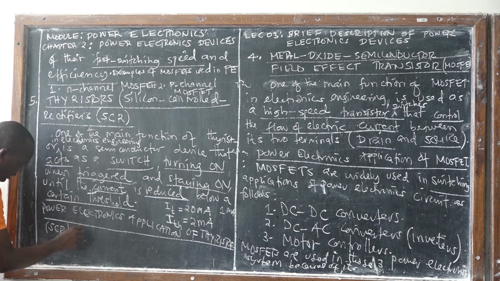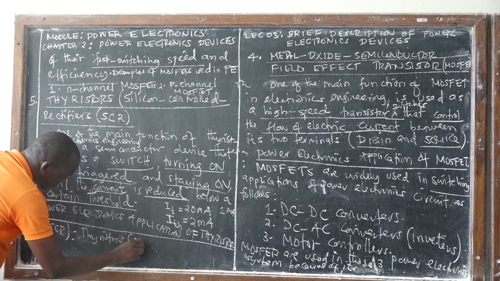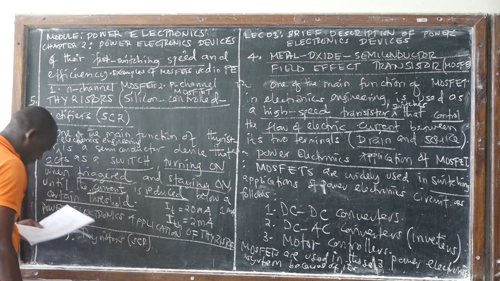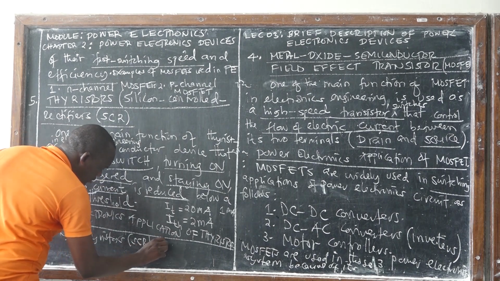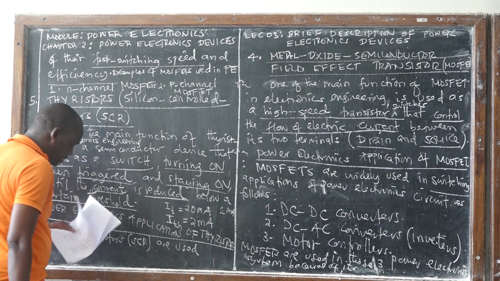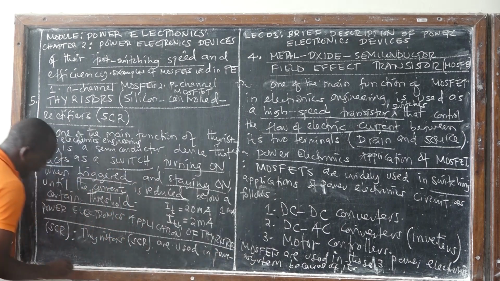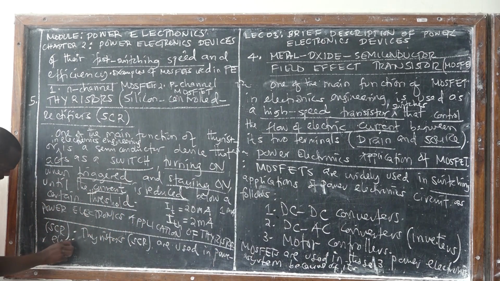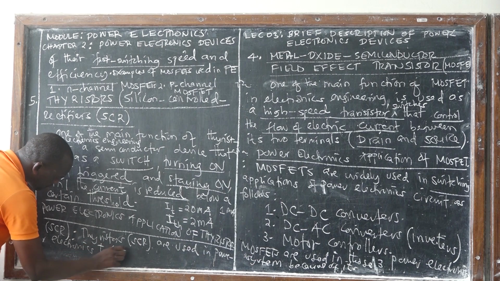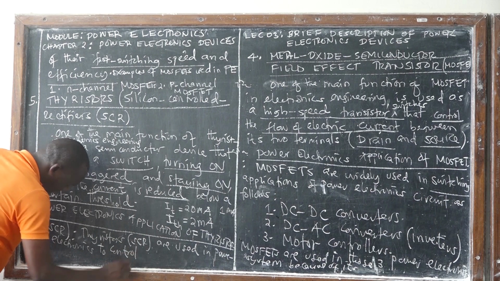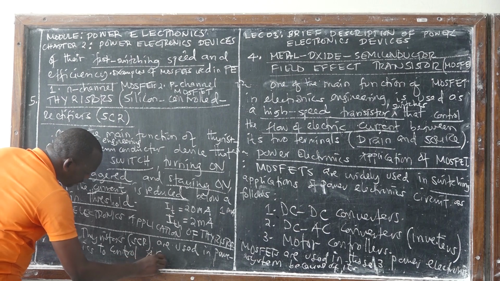So he said that thyristors, special silicon controlled rectifiers, are used in power electronics to control AC power.